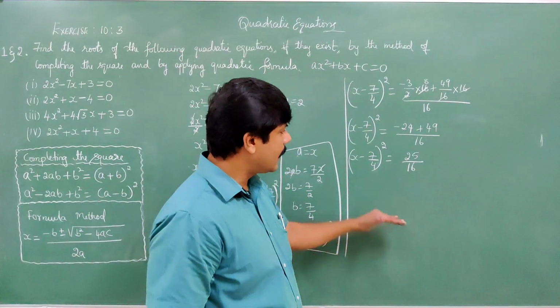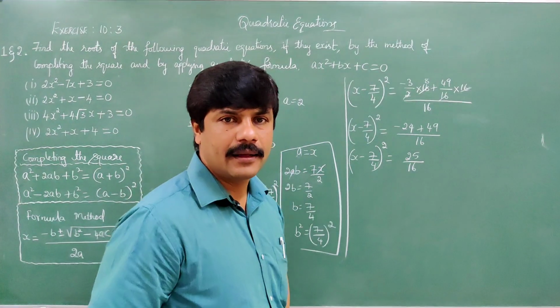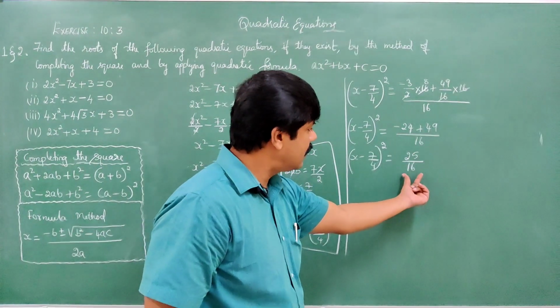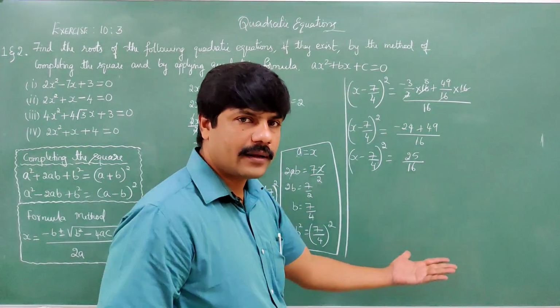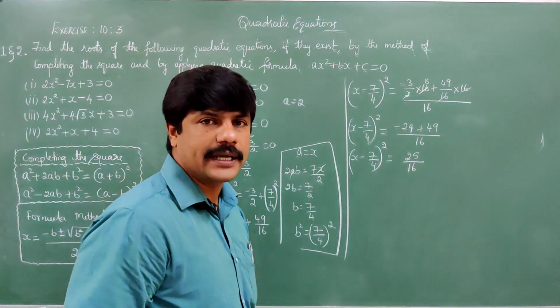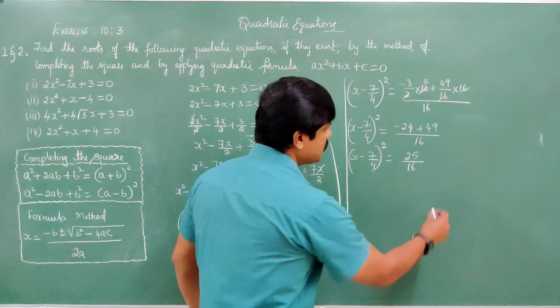Now in this step, take square root both sides. 25 is nothing but 5 square, 16 is nothing but 4 square. When you take square root both sides, square and square root gets cancelled up.